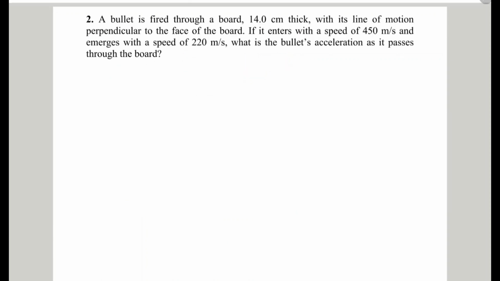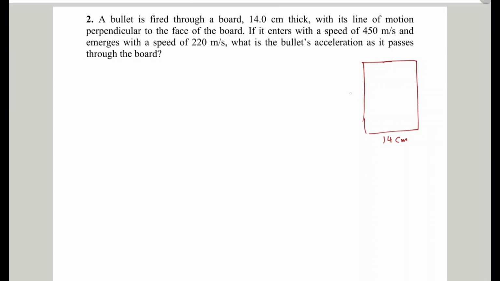A bullet is fired through a board 14 centimeters thick with its line of motion perpendicular to the face of the board. If it enters with a speed of 450 meters per second and emerges with a speed of 220 meters per second, what is the bullet's acceleration as it passes through the board? Now let's check the given information here. We have actually a board, this one here, with 14 centimeters thickness.